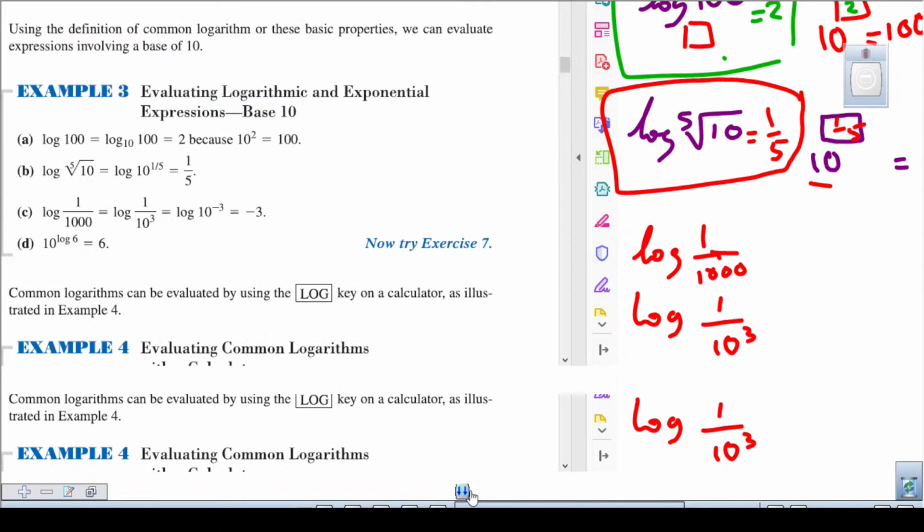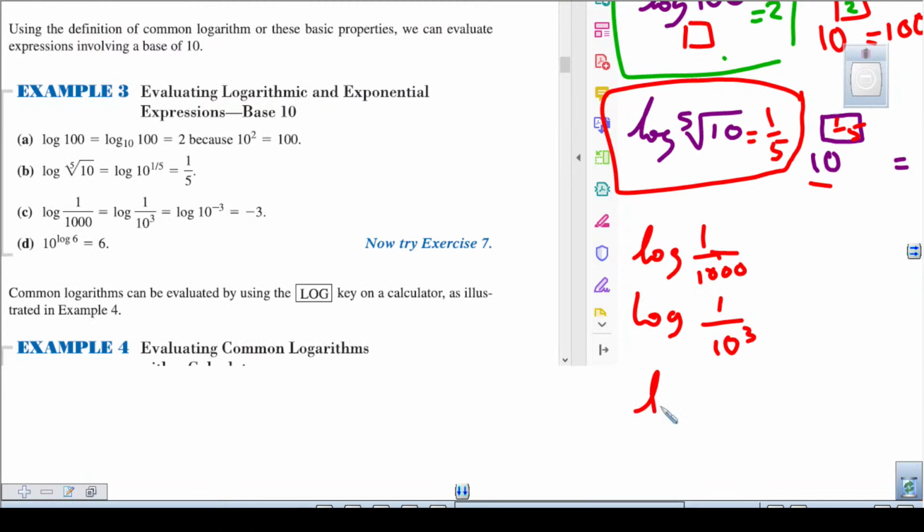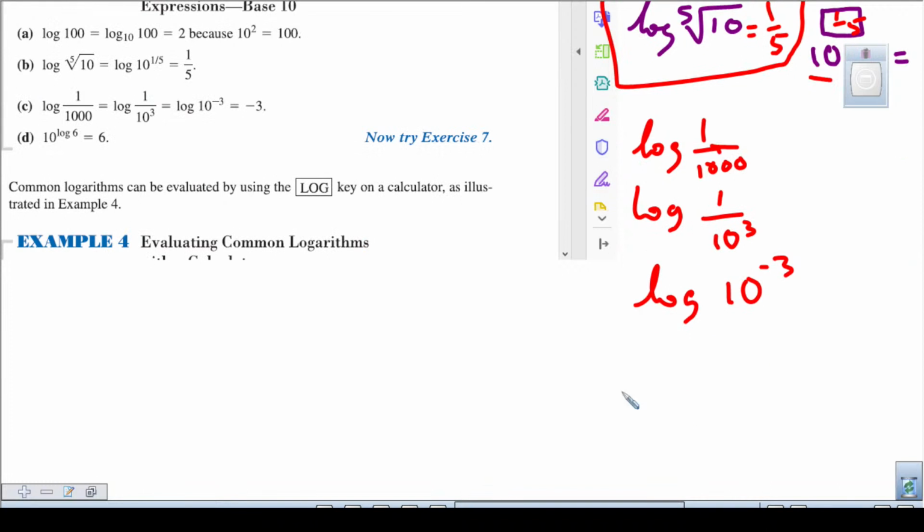This is log of 10 to the -3. Do you agree? Yep, we just flipped it. Then you ask yourself in exponential form, 10 raised to what power gives you 10 to the -3? Well, obviously, it's -3. That's why the answer for this one is -3.